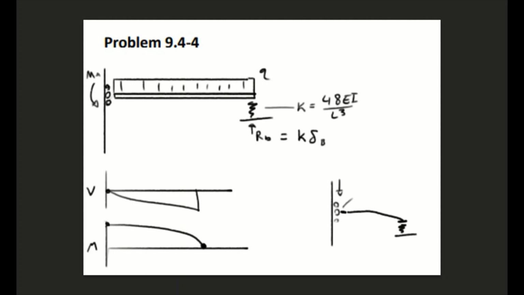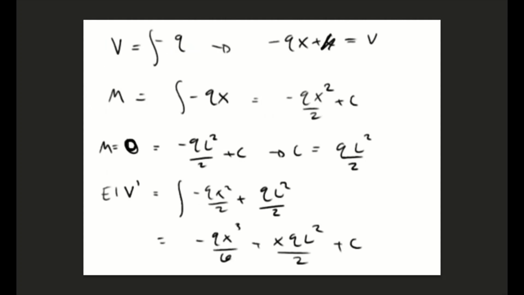But right here at the start, our deflection is going to be equal to 0, which means our C just gets crossed out, which makes things pretty easy for us. C is just equal to 0.